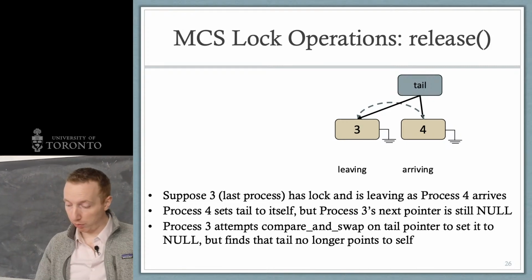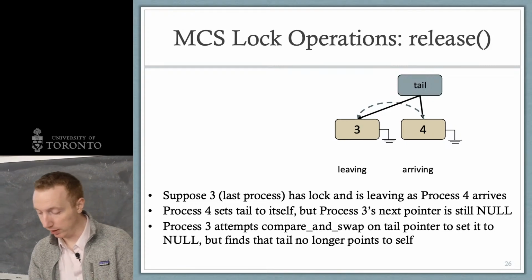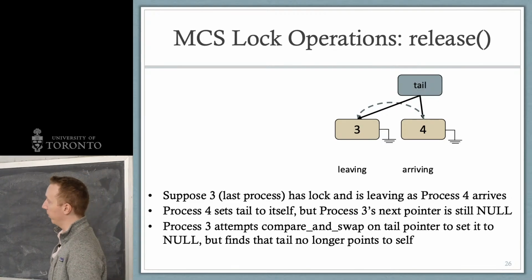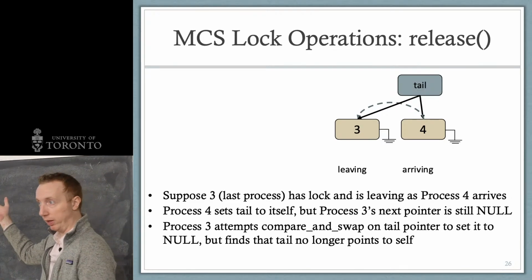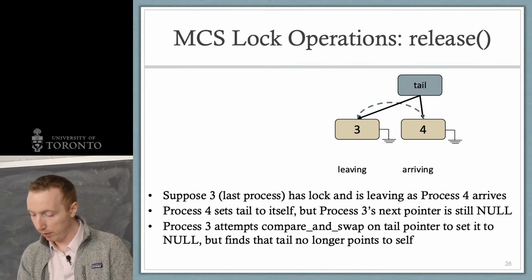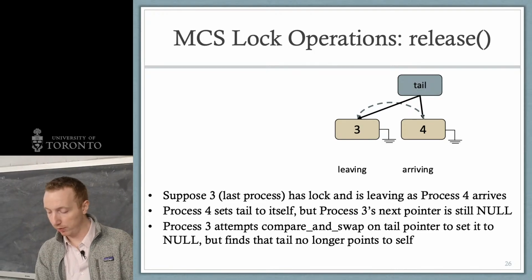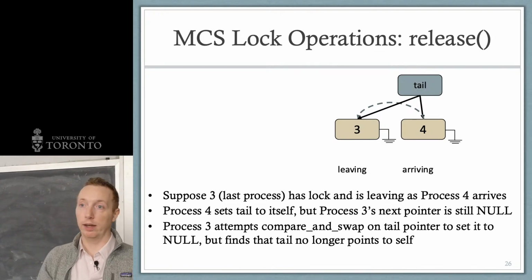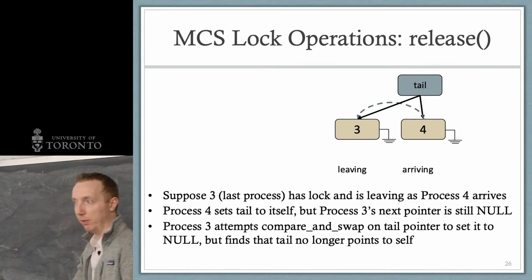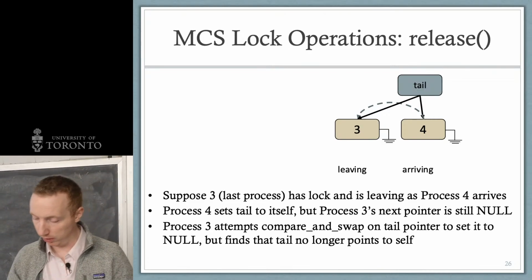So when node 3 tries to actually set tail to null, it will do it using an atomic operation, because the tail is shared between all of the threads; it's global. It will do a compare and swap trying to set the tail to null, and it will figure out that it was not able to swap it to null because someone else changed that value. It is not currently null.